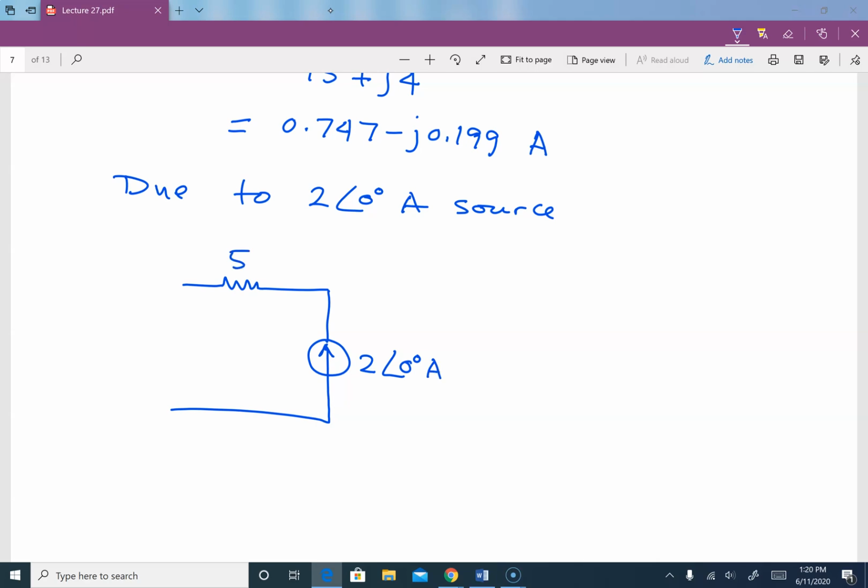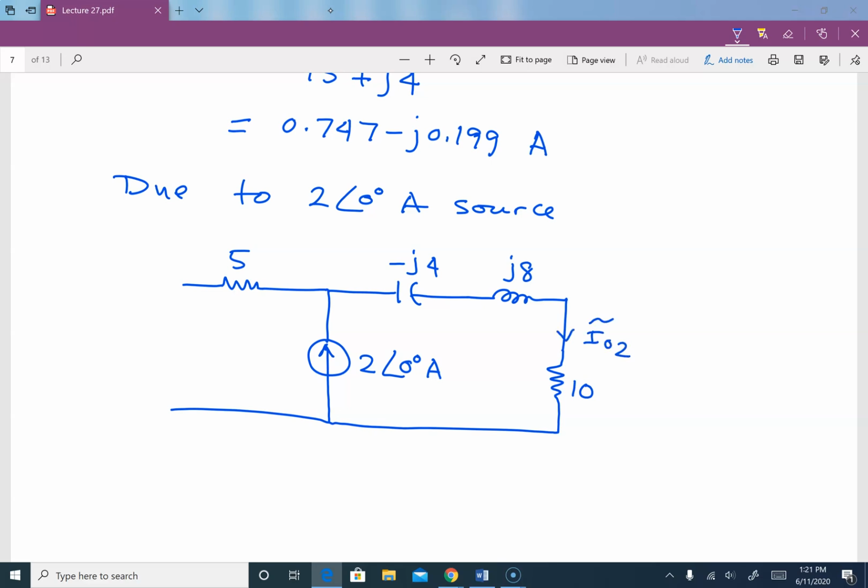This is 5 ohm, minus J4, J8, 10, and this is I naught 2. Now we have a voltage source here. To turn off that voltage source, we short it.